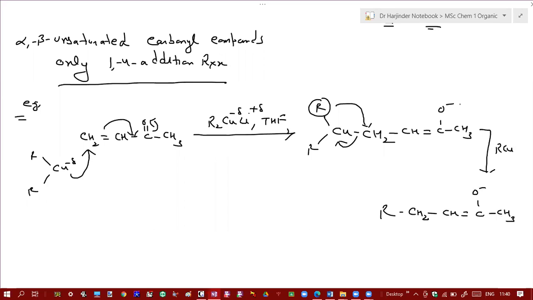In fact, here you have a lithium positive. And then it gets tautomerized to give the corresponding ketone in the presence of acidic condition. So these Gilman reagents give only 1,4 addition. There's no 1,2 addition.